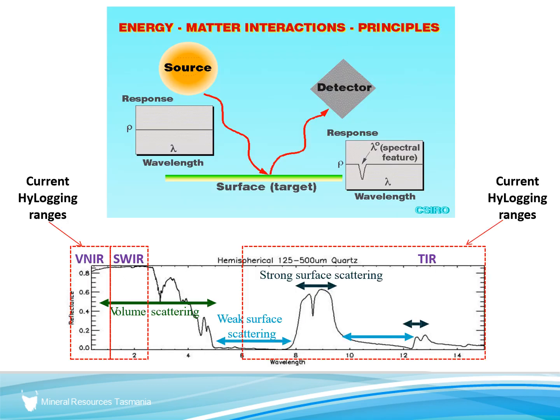The idea of using infrared light is that it interacts with the minerals in a way which is highly characteristic of the mineral. So infrared light shines in or on to the target, the drill core, the mineral, and then the light goes in and it wanders around if it's shortwave infrared, and it bounces off and interacts with the components of the minerals, and then comes out and is detected by the detector.